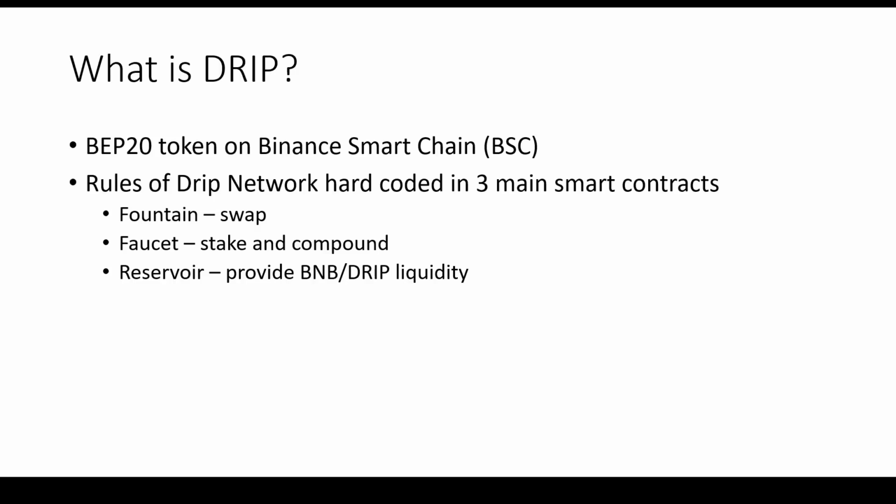Lastly, the Reservoir contract is the liquidity provider contract. You can stake or deposit your BNB tokens and provide liquidity for the BNB-Drip pair. I will not be getting into the Reservoir in this video.